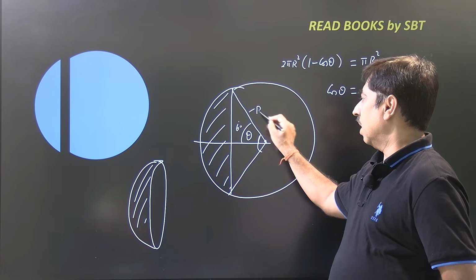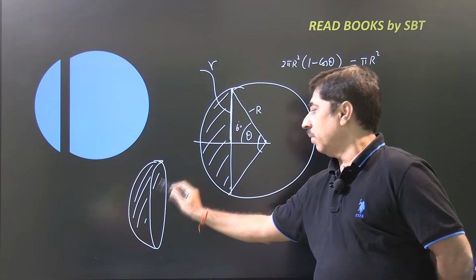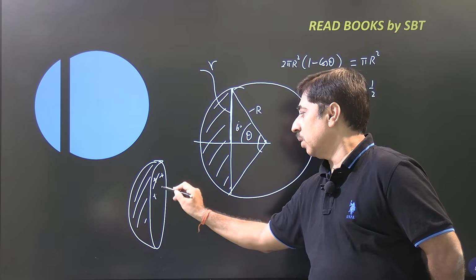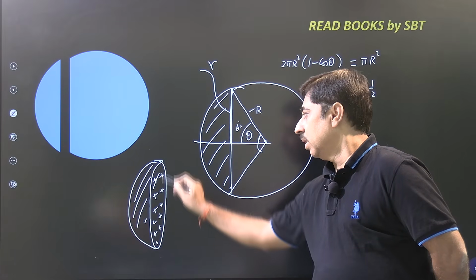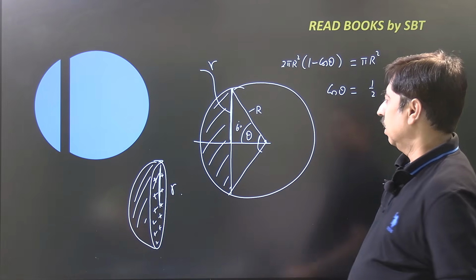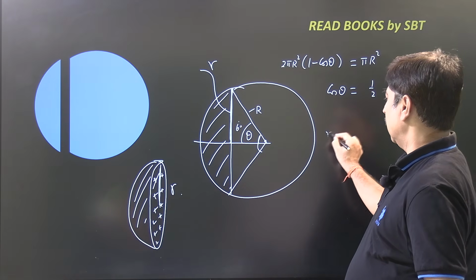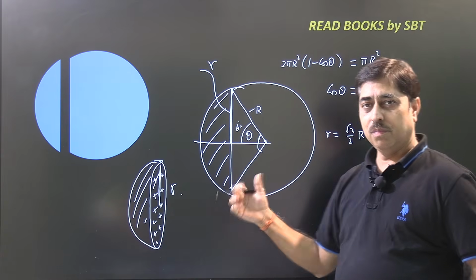So, if this is r, the radius of this circular face on which you have that small q charge, this is how the charge is placed over here, small q charge. So, the radius of this thing, this r, is basically r sin 60 degrees, which means root 3 by 2 r.